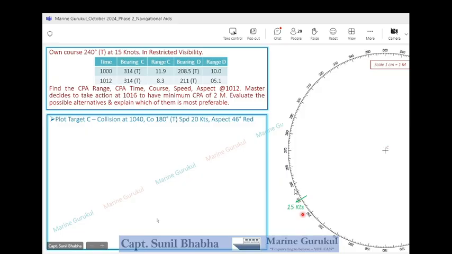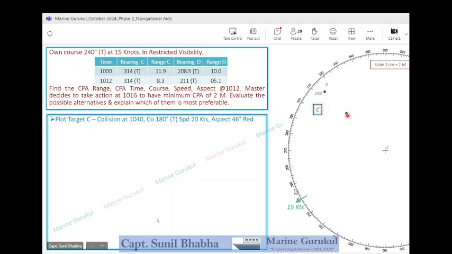Let us first plot target Charlie. The range is 11.9 miles and the bearing is 314. So on a bearing of 314, at a range of 11.9 miles as per our scale, we plot our first position, and this position is applicable for 1000 hours. We mark the time along with the position, and this is named O, Oscar. Let's plot the second position.